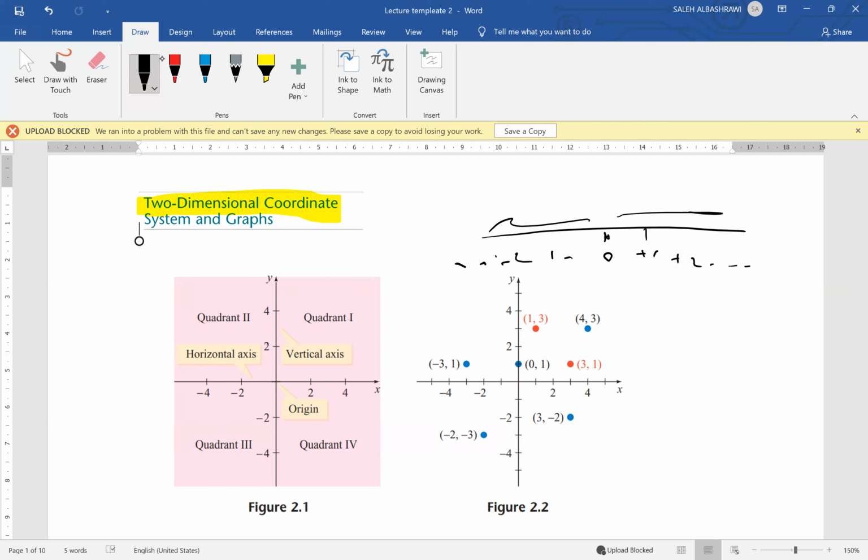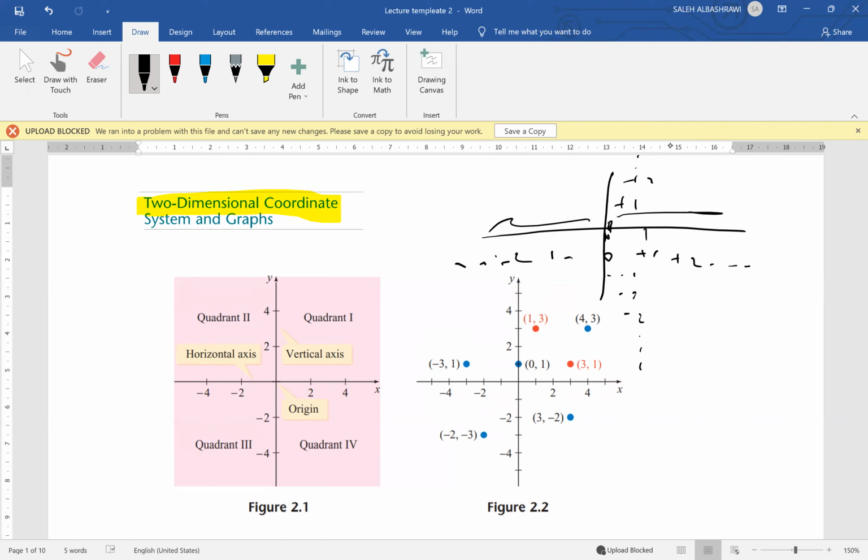If we add another line perpendicular to this one, 90 degrees, with the same partition, 0, plus 1 up, plus 2, going to plus infinity, and down, minus 1, minus 2, minus 3, going to minus infinity, we call it a two-dimensional coordinate system.